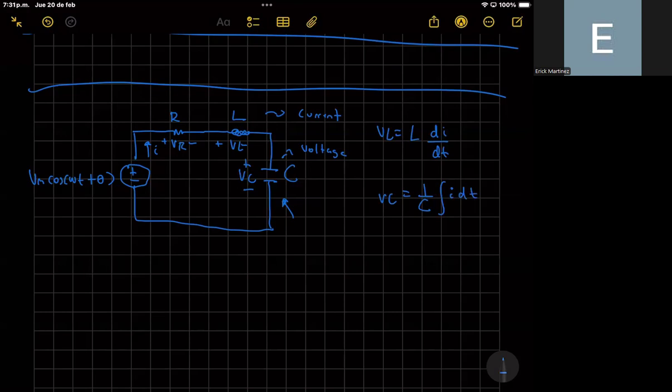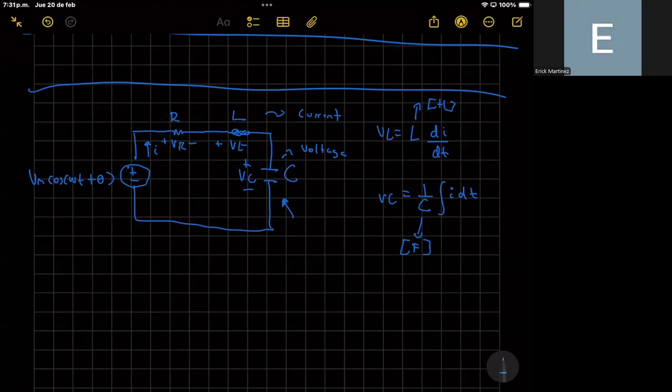This inductance value has units of henrys, often denoted by the letter H, and the capacitance has units of farads, often denoted by the letter F.